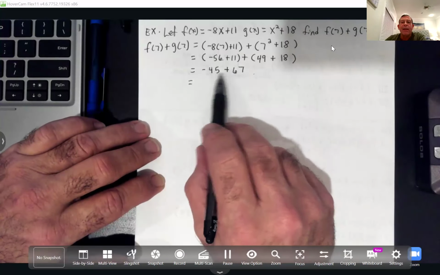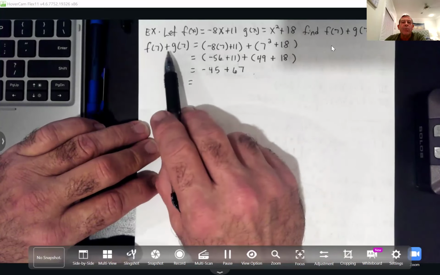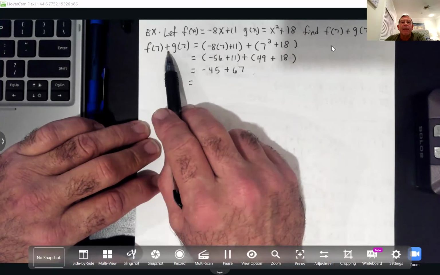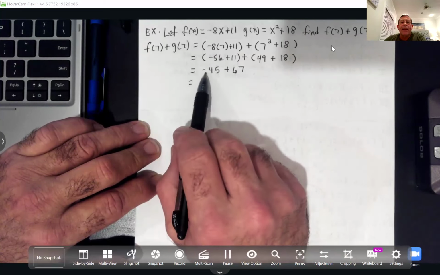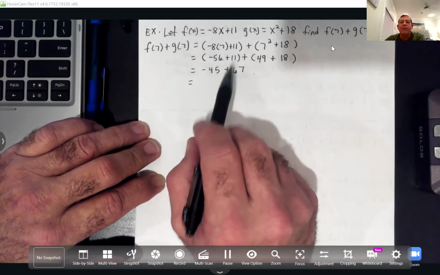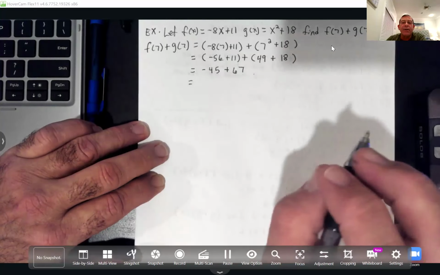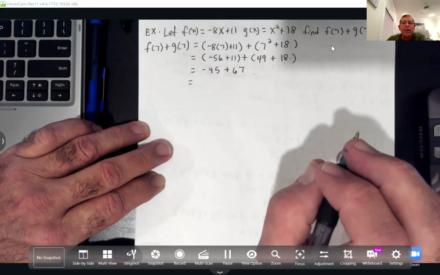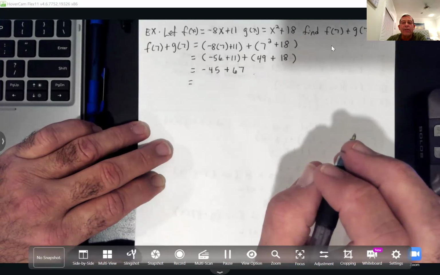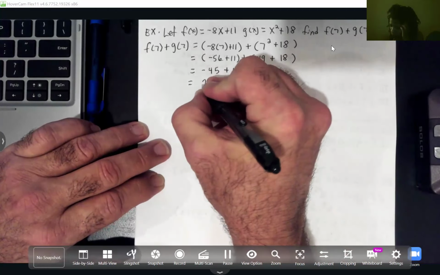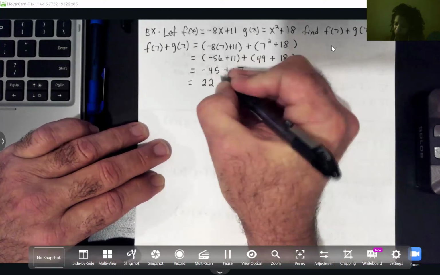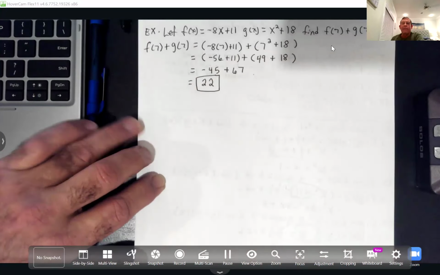And so now I'm down to the final step, which is actually adding. So F of 7 gave me -45. G of 7 gave me 67. Adding them together, looks like I get what, 22, it looks like. Positive 22.